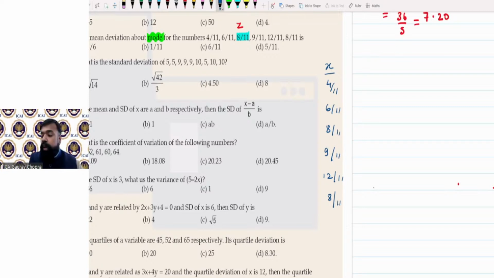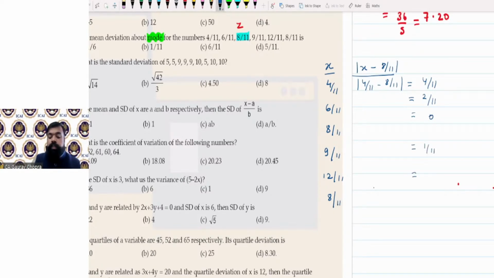We have to find the mean deviation from the mode. So it is mod x minus z, and z is 8 by 11. Find the difference. 4 by 11 minus 8 by 11, we are getting 4 by 11. Then 6 by 11 minus 8 by 11 is 2 by 11. Then 0. Then we are getting 1 by 11.